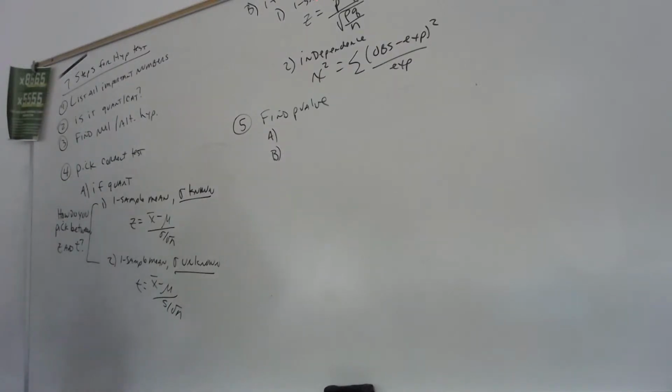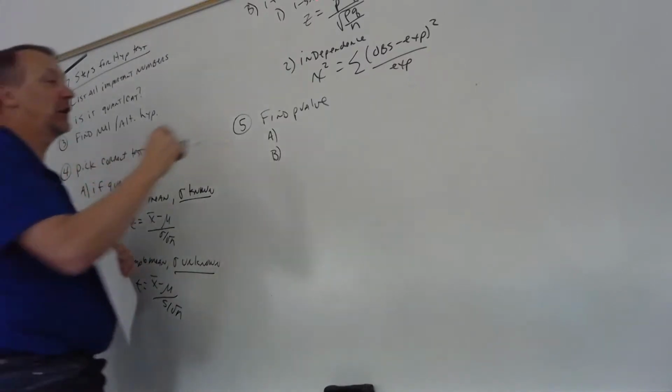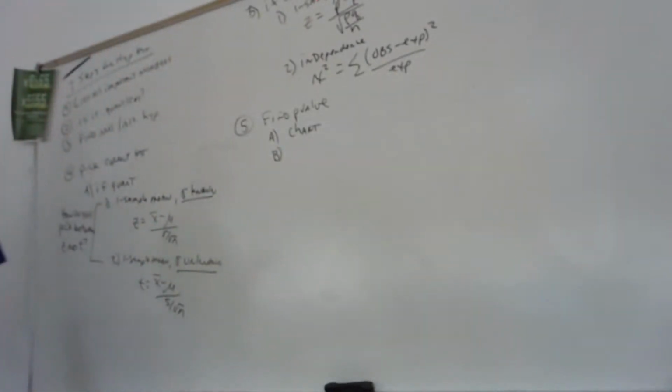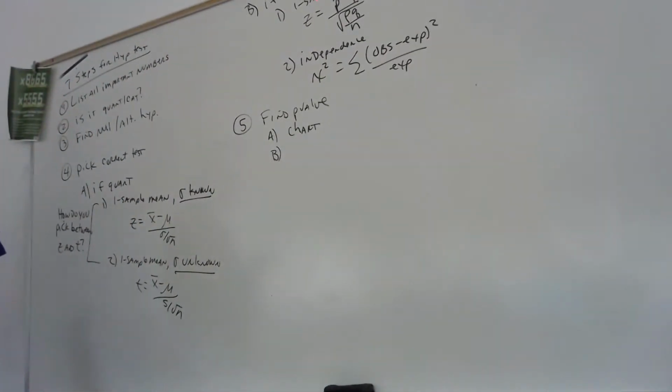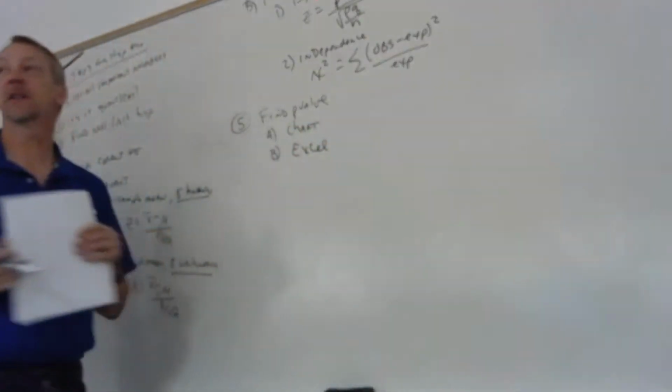Can't hear you. The z-test, right? Well, so if I give you a z-score, how do you find the p-value? You're either going to use the chart, or you're going to use the Excel commands, right? Okay, so we're gonna talk about those.